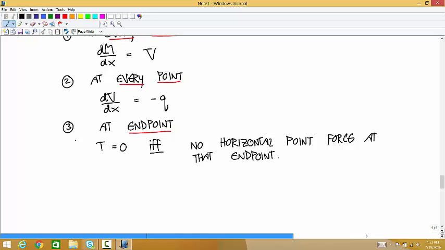Okay. The fourth one, okay, well, let's check the last two examples for this one. For these last four checks, since we were lazy and we didn't calculate the external loads at the right endpoint, we can only do these checks at the left endpoint. But if we had calculated the external loads at that cantilever at the wall, we could do this check at both endpoints. Okay, but let's do it at the left.